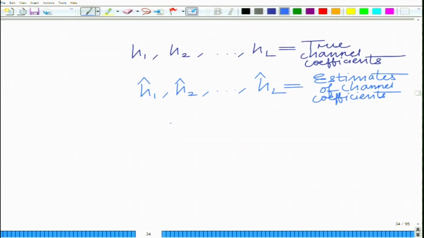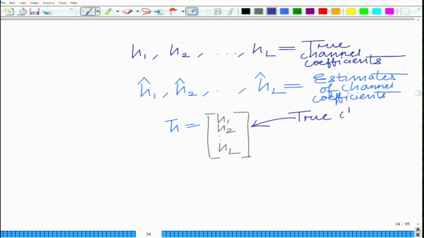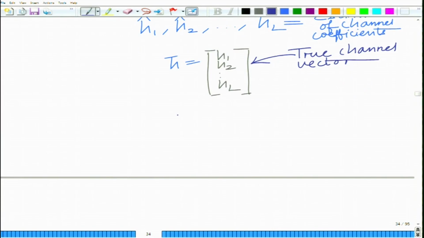And therefore, we have our true channel vector H bar, which is H1, H2 up to HL, okay, and this is your true channel vector, meaning the actual channel vector in the wireless system, and you have the estimated channel vector H hat, which comprises the estimates.